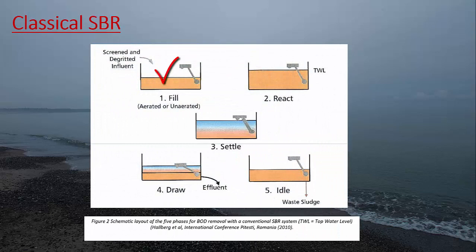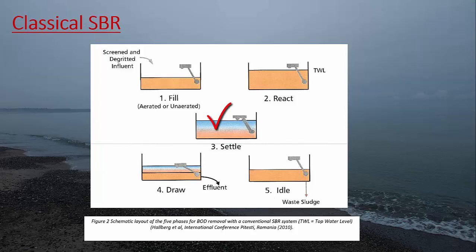First phase, when you fill up the tank with sewage. You come to a certain level, you stop. You go into the second phase, which is aeration, reaction and the biological treatment. Then, after the aeration, you go to the third phase, settle or sedimentation.